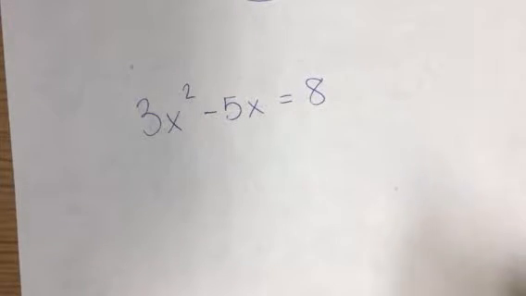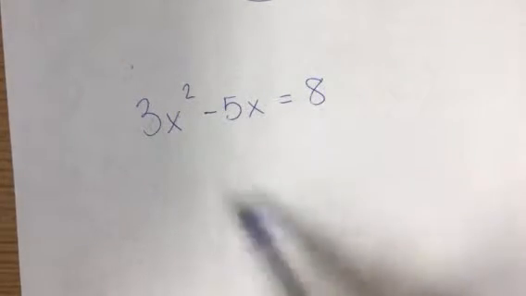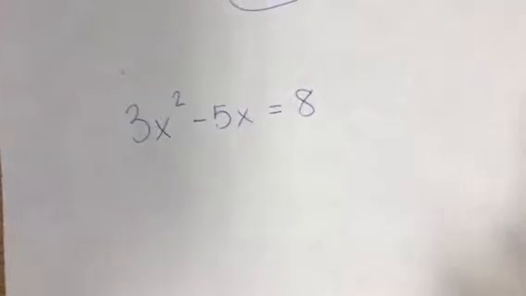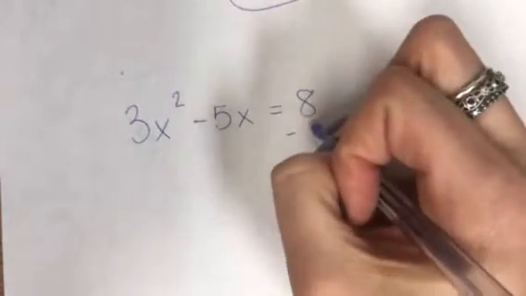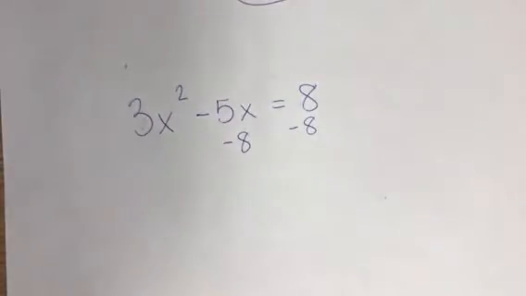So we're missing the first key part, which says it has to equal 0. Since this one does not equal 0, we need to do some rearranging or moving things around to make it equal 0. So in this case, I can move my positive 8 by subtracting 8. And whatever I do to one side, I have to do to the other.